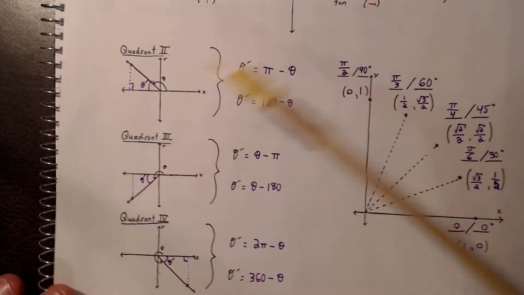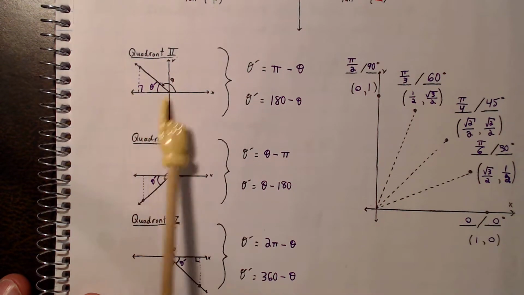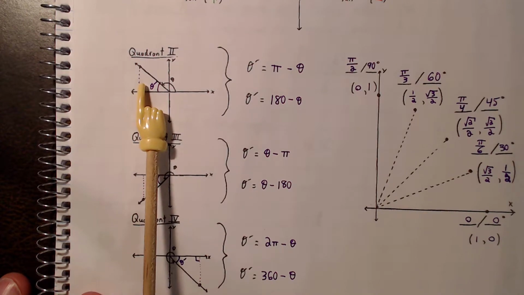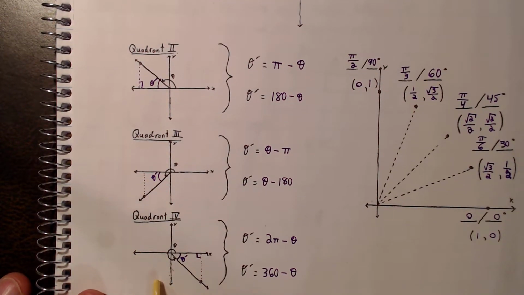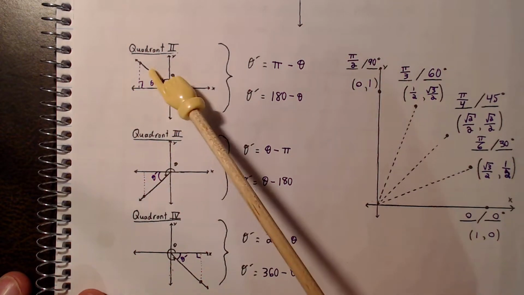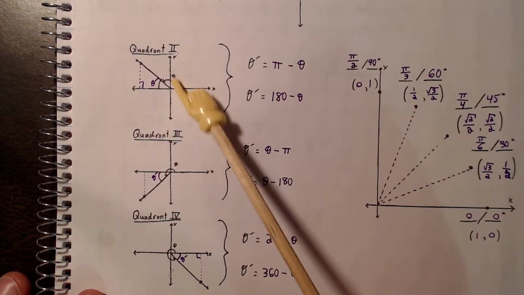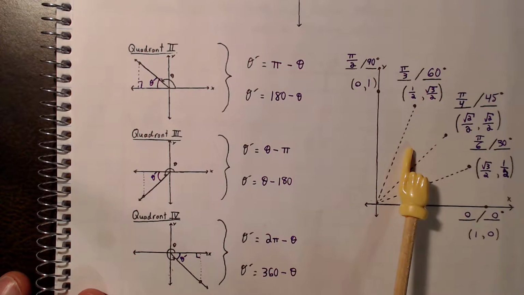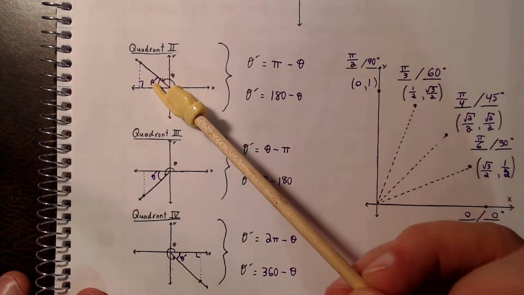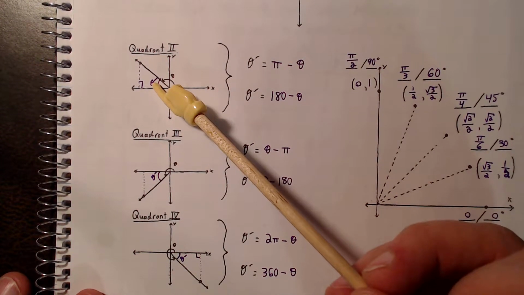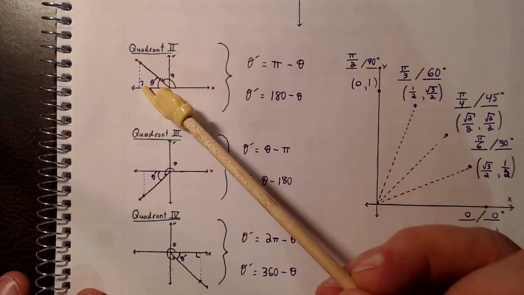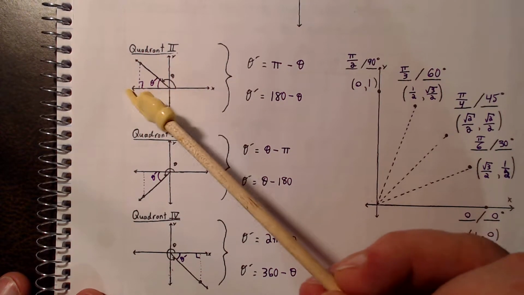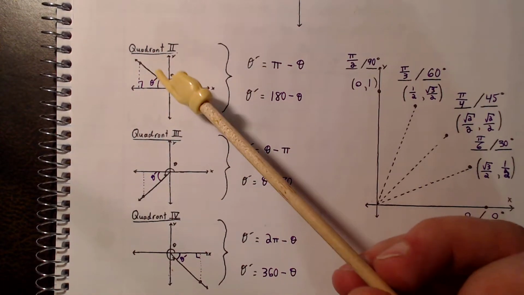What we really need to know about reference angles is that depending on which quadrant you fall, you're going to see that the triangle that we have to make to get these values, the angle that we're interested in, is being made here against the x-axis and your terminal side.